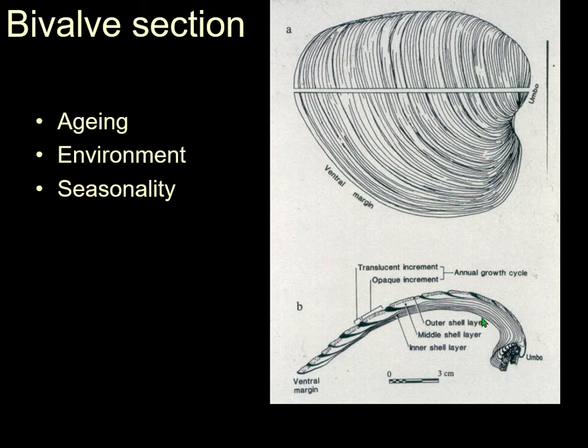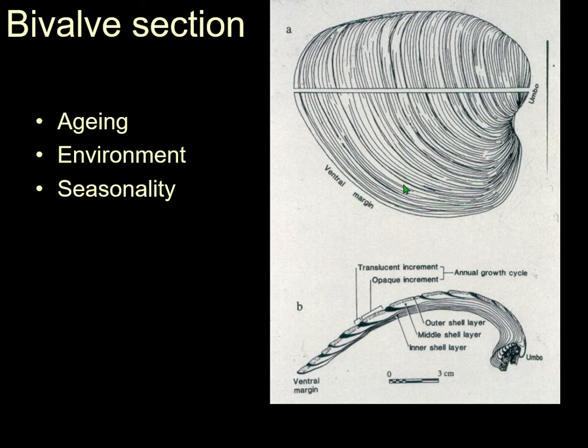And you'll also be able to see which season it was when possibly this shell was collected and its contents consumed by humans. That's the archaeological relevance of that. So a number of things we're looking at: aging, environment and seasonality, by looking at these signs of the growth of the organism.